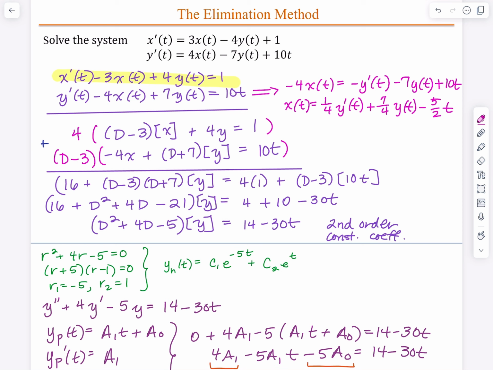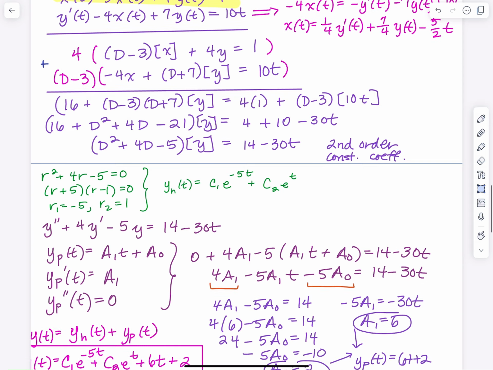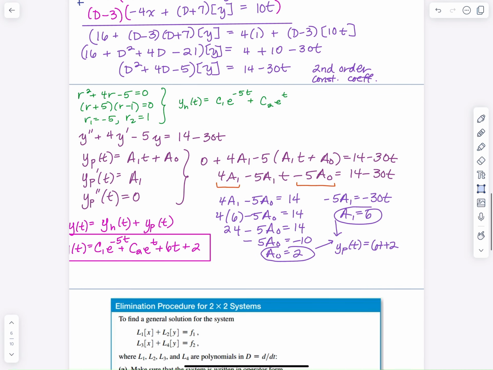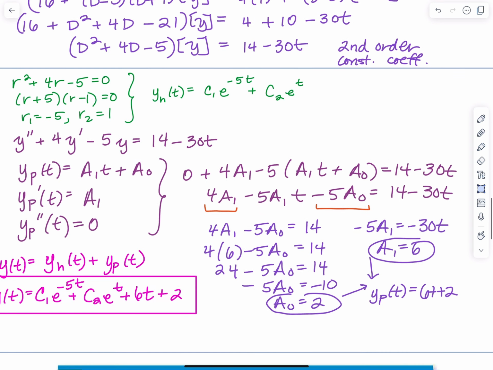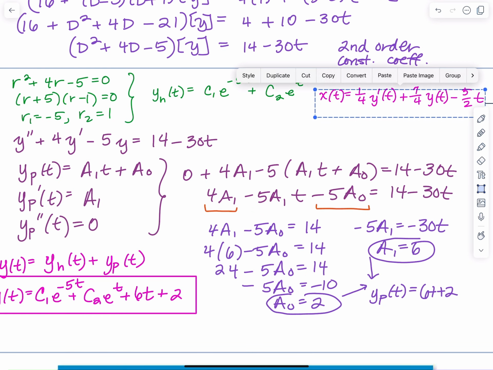So we are going to take this equation for x of t and substitute it in. So let me go ahead and type that right here and make that a little bit smaller.